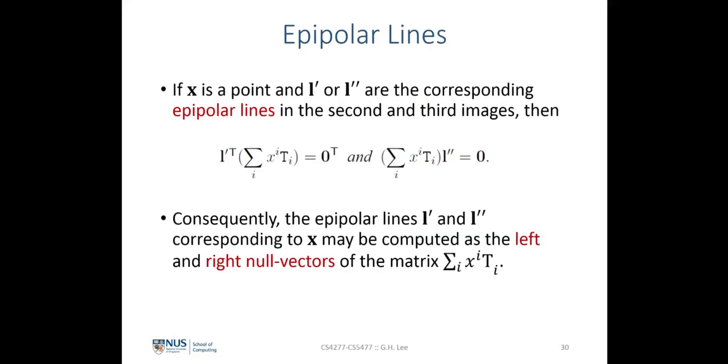Now, the next thing that we can derive from the three-view relation would be the respective epipolar lines on the respective images in the three views. Suppose that X is a point in the first view, and L prime and L double prime are the corresponding epipolar lines in the second and third view.